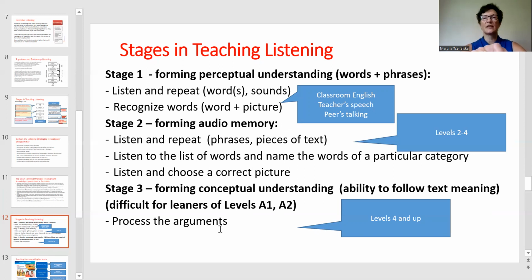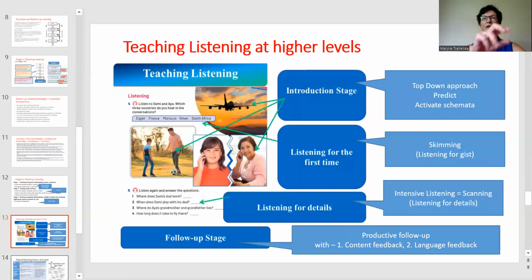We form conceptual understanding and the ability to follow text meaning. At this stage, students process the arguments, and we can check their understanding by asking questions and by doing tests.